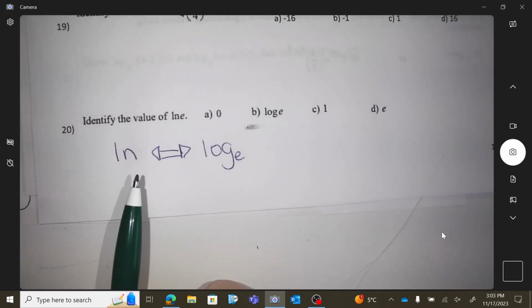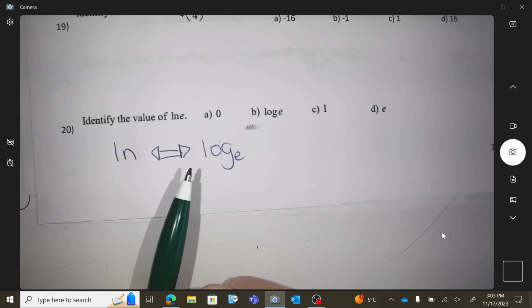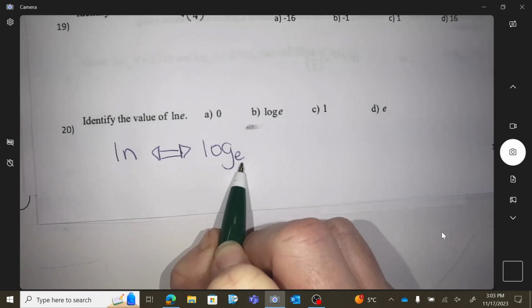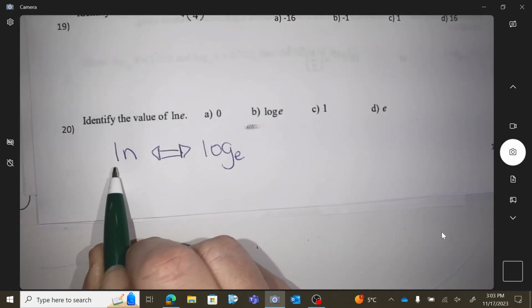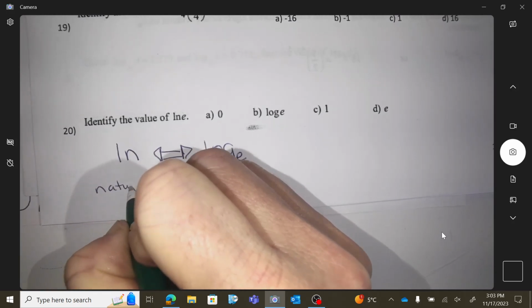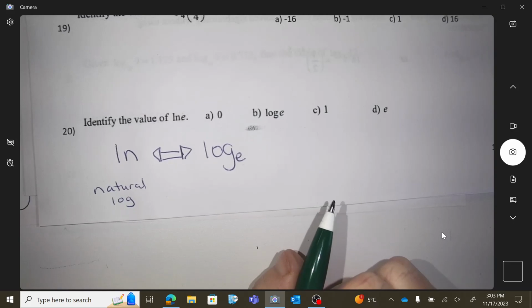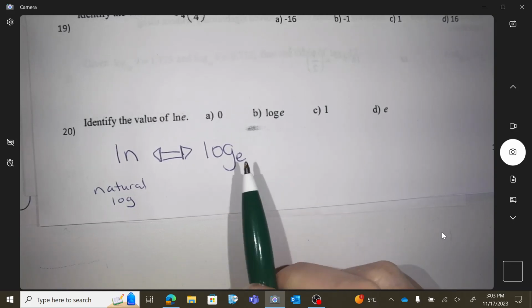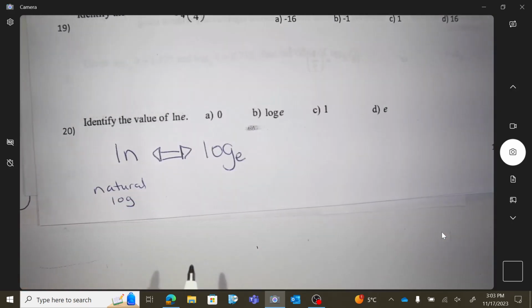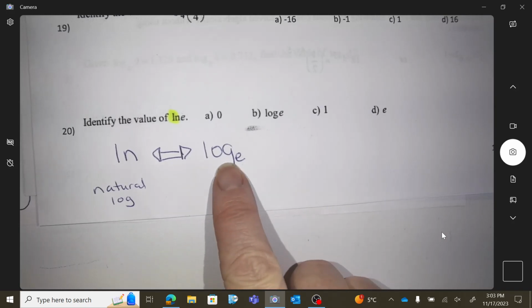Okay, so we've been talking about logs. When they use a base of e, so a log of a base e, it's the exact same thing as doing a natural log. Okay, so this is replaced with that.